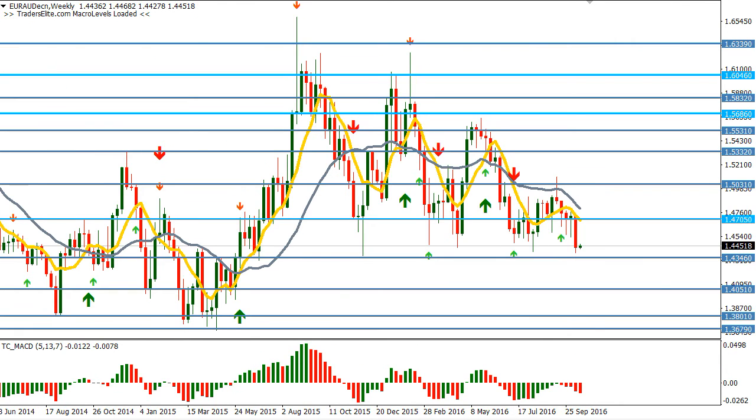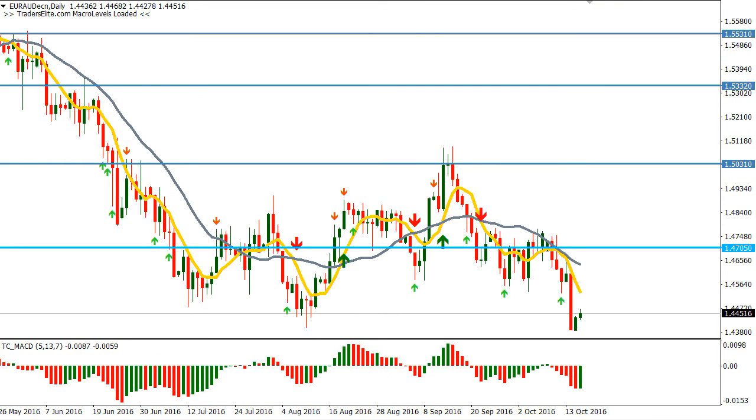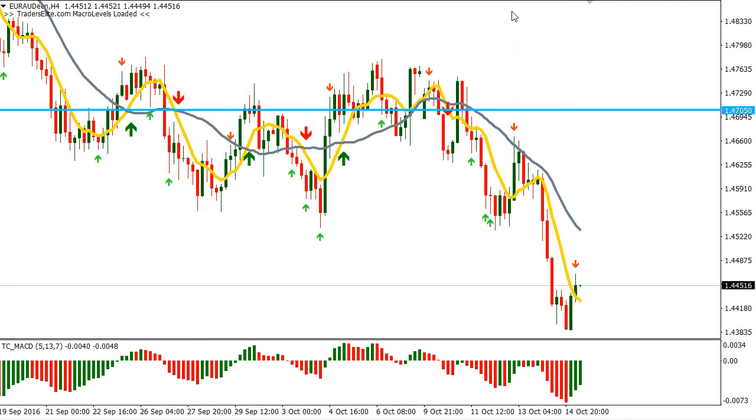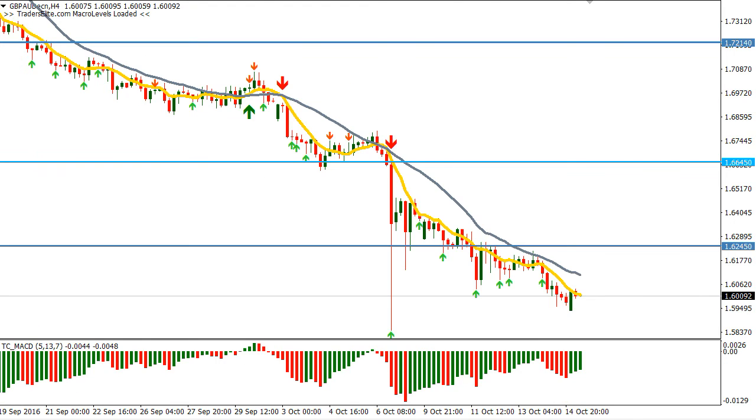Euro Aussie, we're on the downside weekly, downside on the daily, and then very much on the downside on the 4 hour. So this is a pair that I'd be looking at going short on any rallies that then consequently form into new setups to the downside.